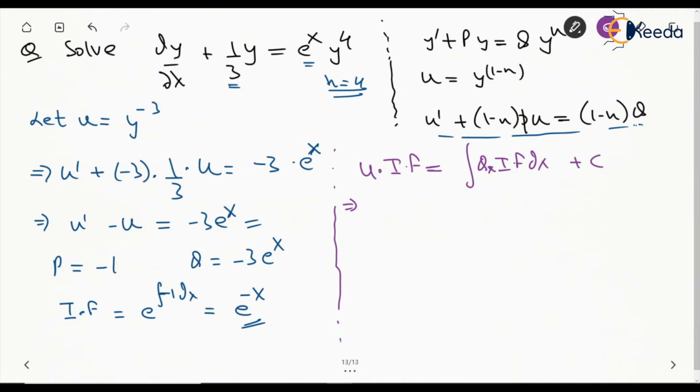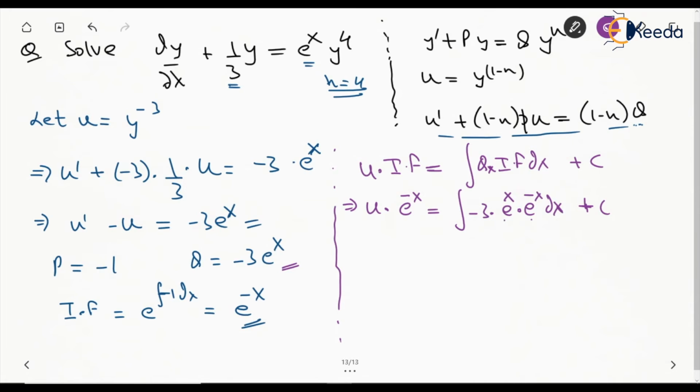So this is u into e to the power of minus x equal to integration of, now what is q? It is minus 3 into e to the power of x, and the integrating factor is e to the power of minus x, dx plus some constant c. So e to the power x and minus x will get cancelled. We will be left with minus 3.